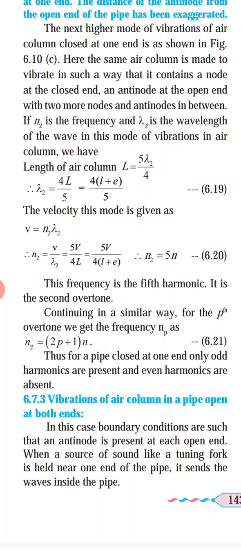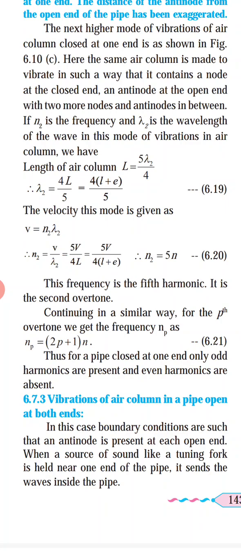So np is equal to (2p plus 1) into n, which is the required equation. So for a pipe closed at one end, only odd harmonics are present, even harmonics are absent. So n1 is equal to 3n, n2 is equal to 5n, n3 is equal to 7n. In this way, only odd harmonics are present and even harmonics are absent. Now the next point, that is vibration of air column in pipe open at both the ends.